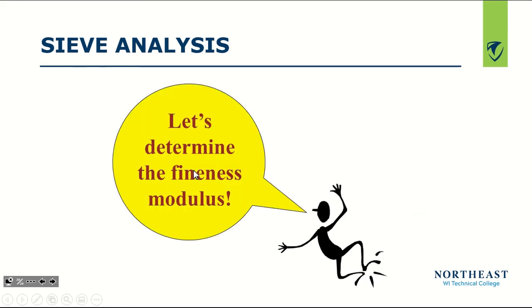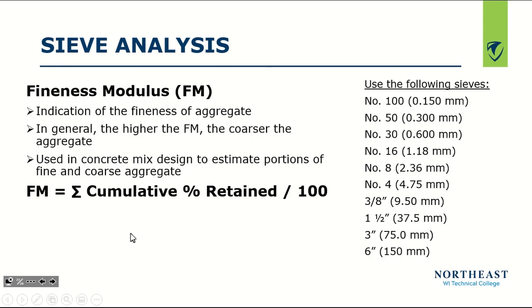So let's calculate your fineness modulus. And if you look here, let me talk about the sieve size. Use the following sieves. We never use the number 200 sieve, and we start at the number 100 sieve, that's the smallest sieve, and then we double in size as we get bigger. So 100, number 50, number 30, okay?